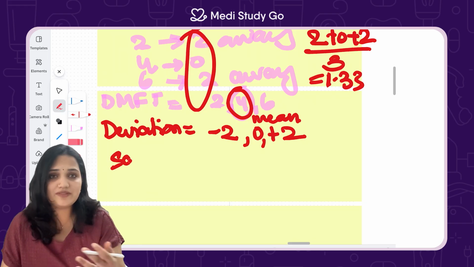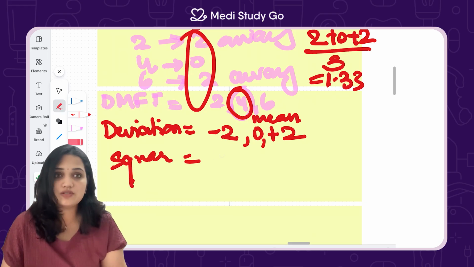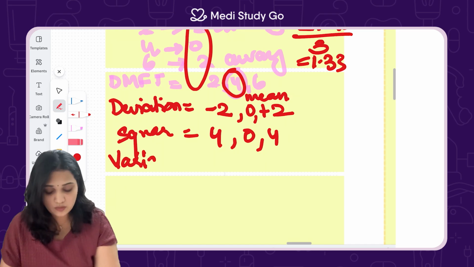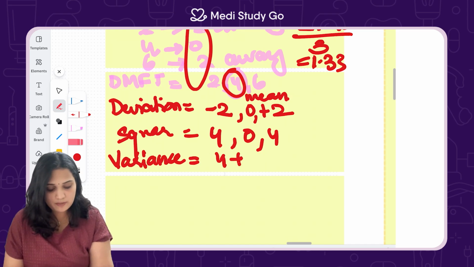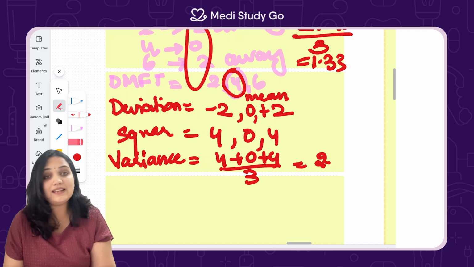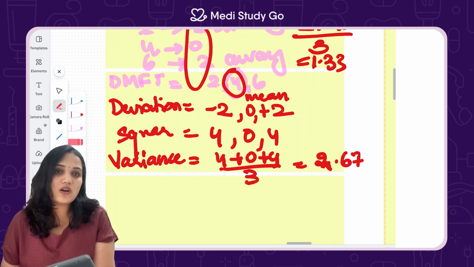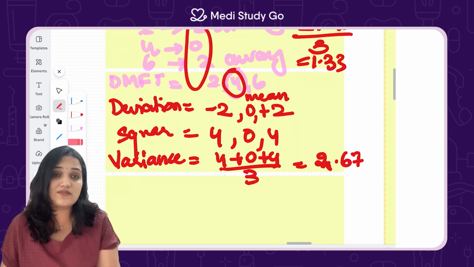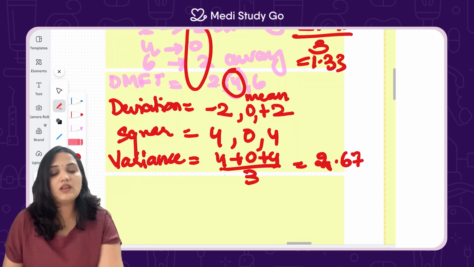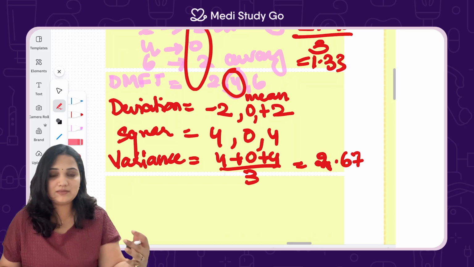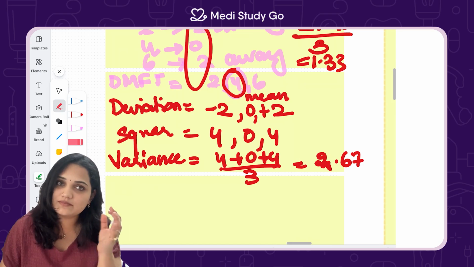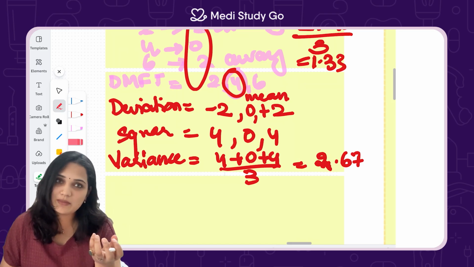Now we square both of them, and then we take an average. So variance is equal to 4 plus 0 plus 4 by 3, and that gives us 2.67. Okay, so again, we got a number, 2.67. What does that mean? It tells you the spread, but in squared units. Understood? That is a problem again.